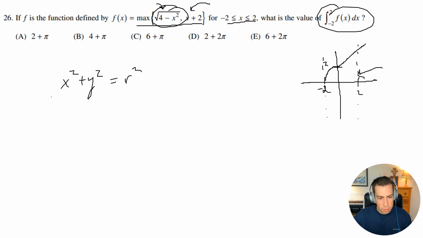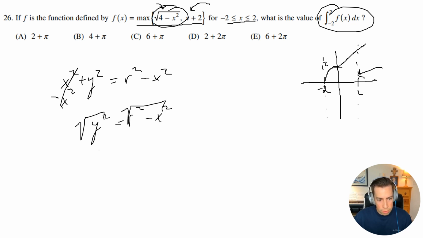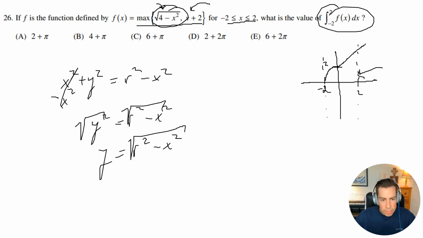If I subtract off x squared, I get y squared equals r squared minus x squared. I'll then take the square root, and I'll have y equals the square root of r squared minus x squared. Now, in this case, the radius has to be 2, so r equals 2.